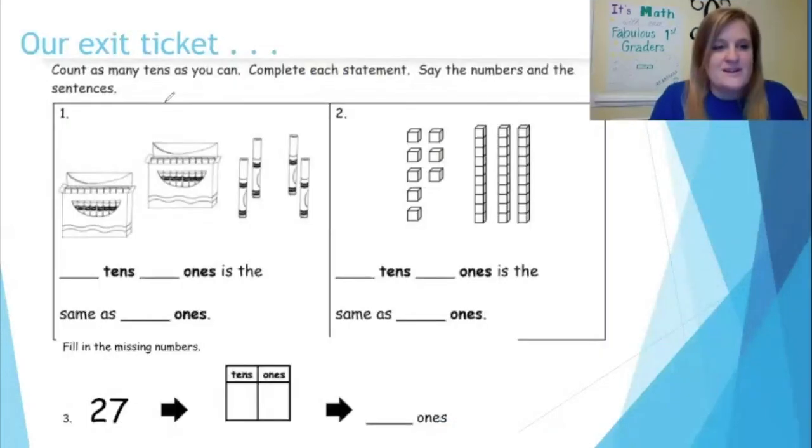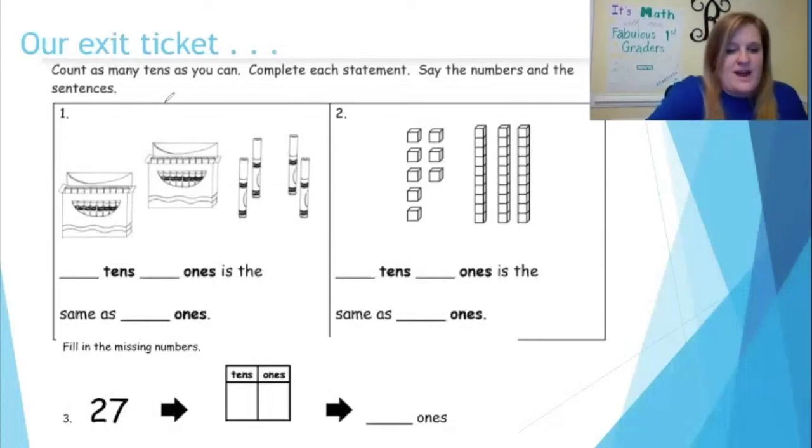Welcome back, everyone. Are you ready to go over our exit ticket solutions? Great. The directions were count as many tens as you can, complete each statement, say the numbers and the number sentences. So we have 1, 2 tens. So I'm going to go ahead and write 2 tens, and let's count our ones. We have 1, 2, 3, 4 markers.